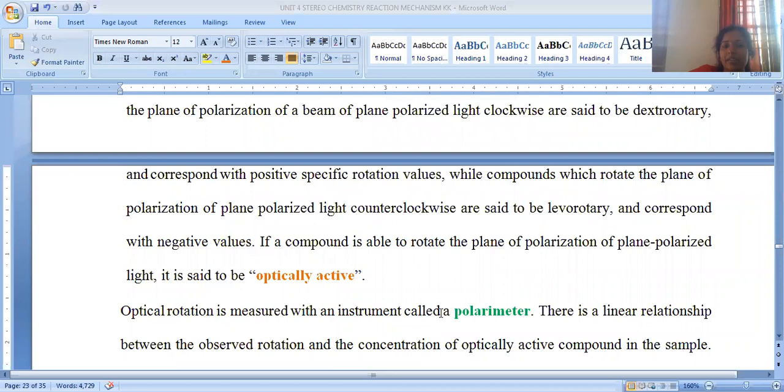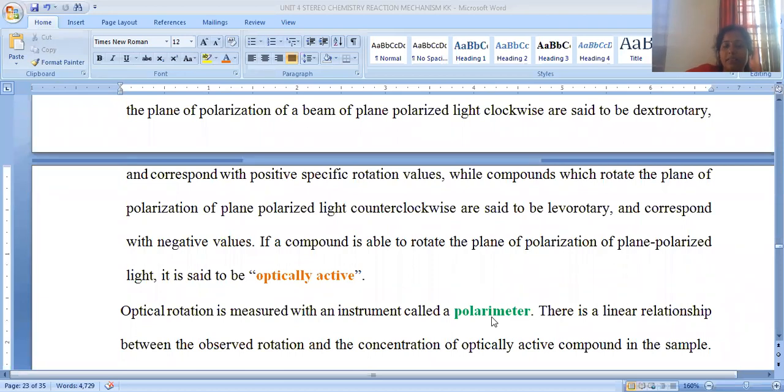What is a polarimeter? A polarimeter is used to measure the specific rotation value. Whether the compound is optically active or inactive can be determined by the device called a polarimeter. A polarimeter is mainly used to measure this optical activity.